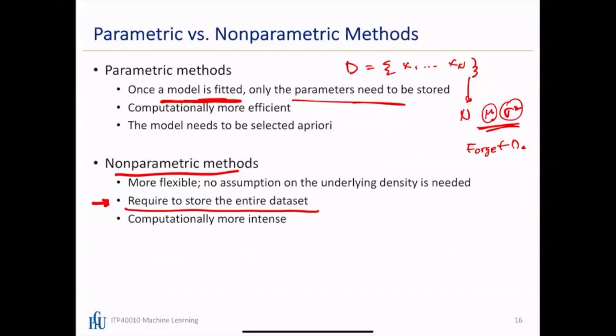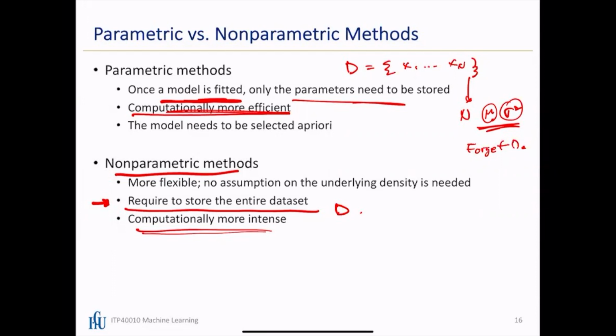For a non-parametric method, you need to maintain the whole data set while you are estimating probability. That is maybe a drawback. Also, estimating MLE is more efficient compared to estimating all different kernels on every single observed data point, especially if you consider a smoothed Gaussian kernel on every single data point. It's expensive in terms of computation.